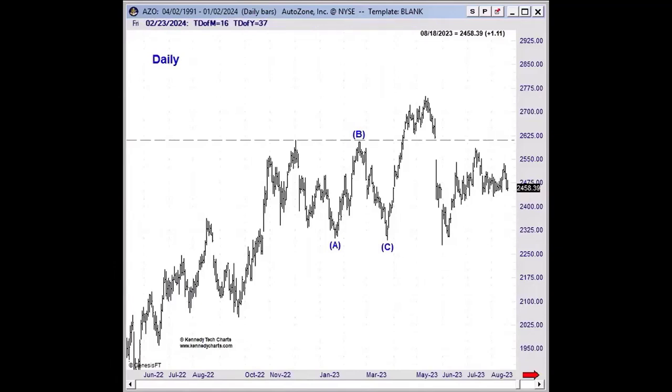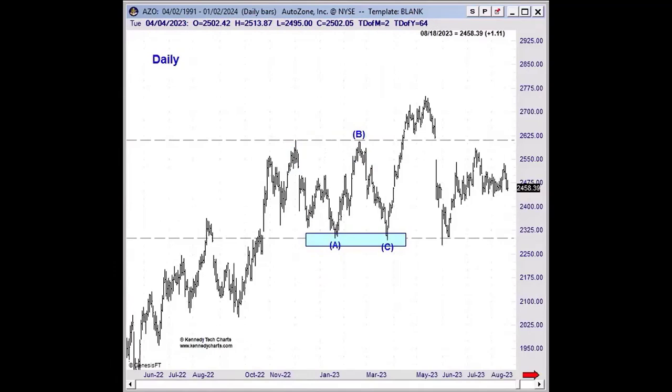So what we're looking at here is, again, one of the key characteristics of a flat correction is that wave B ends at or near the origin point of wave A. And you can clearly see that's exactly what's transpired here in AutoZone. And then the most common relationship between wave C and wave A is equality.